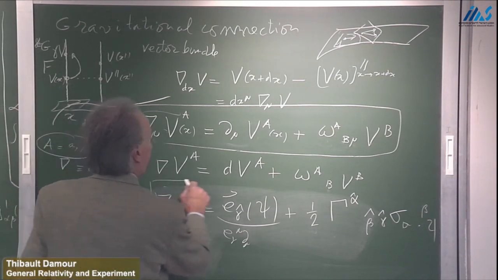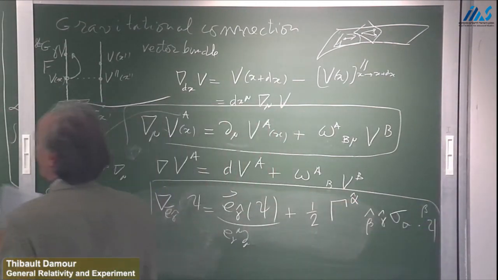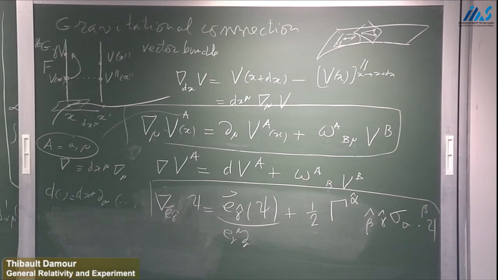So, given an orthonormal frame, let me summarize. In this orthonormal frame, I have the coefficient of connection associated to this orthonormal frame that were defined somewhere. I had written the definition of the gamma in an orthonormal frame, and the formula for how a vector varies.